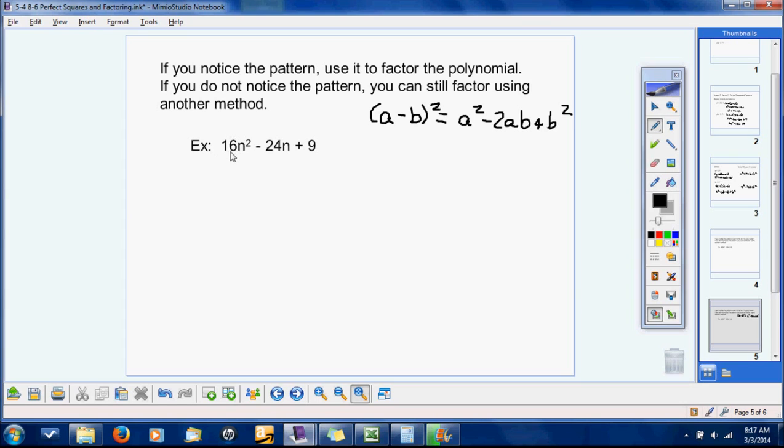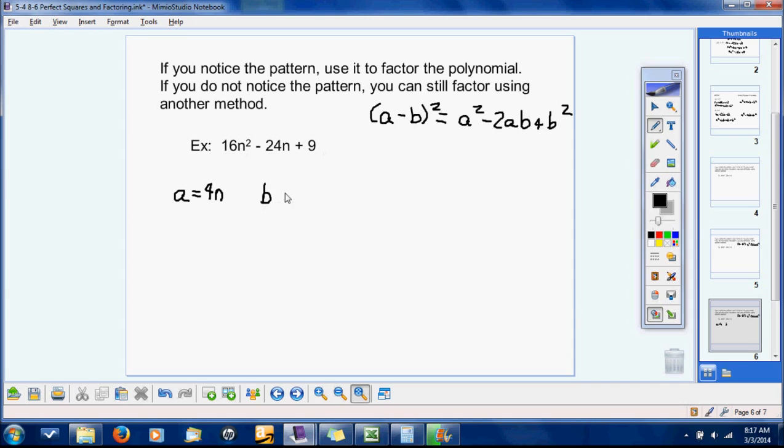Decide whether this is a perfect square and whether this is a perfect square. Now in this case, yes, we do have two perfect squares. This one right here, a is 4n because 4n times 4n is 16n squared.